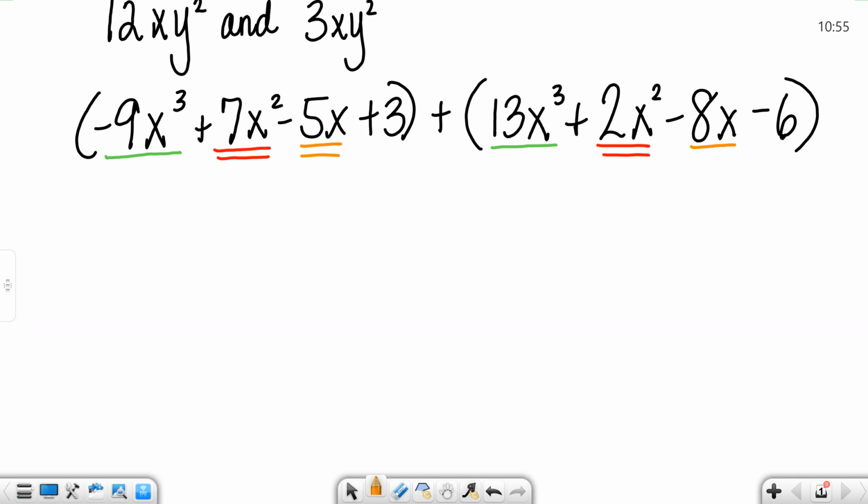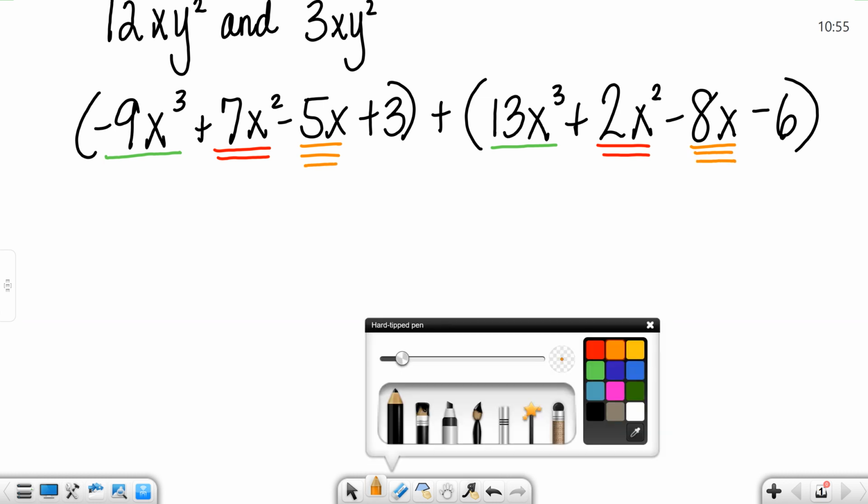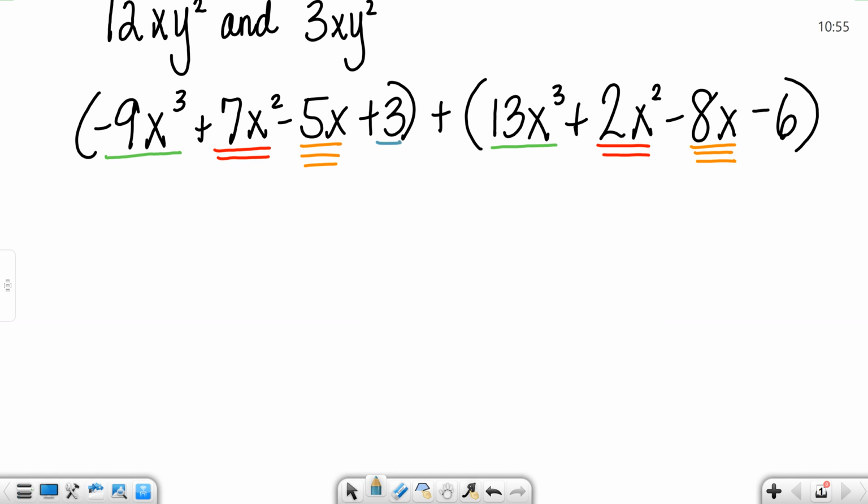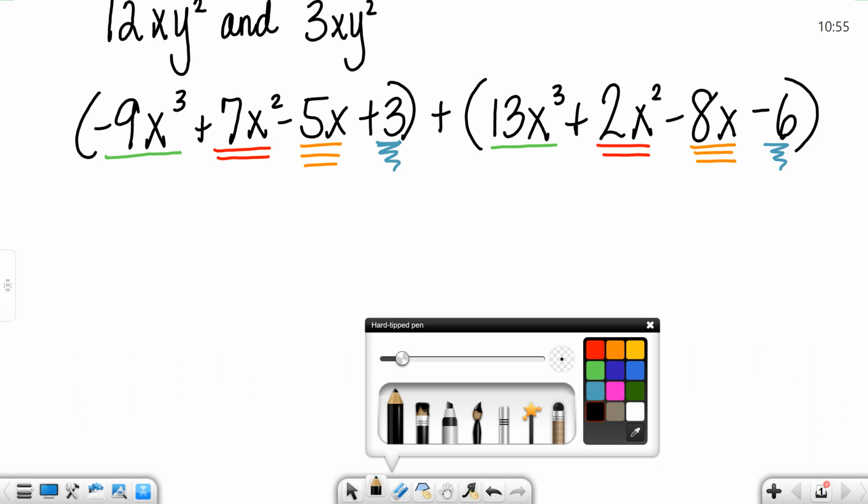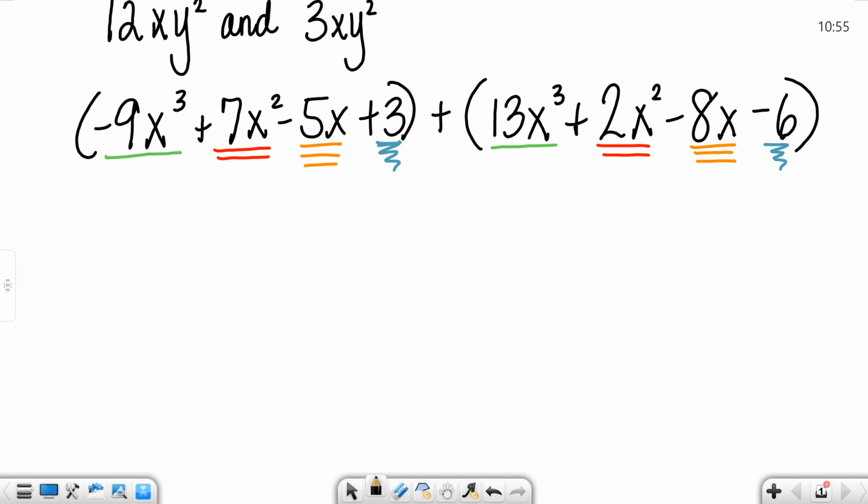This negative 5x and this negative 8x would be considered like terms. And then our last one, this 3 and this negative 6, neither one of those has a variable at all, so they would be considered like terms. So when I get ready to do my adding of terms, we can only add the like terms.